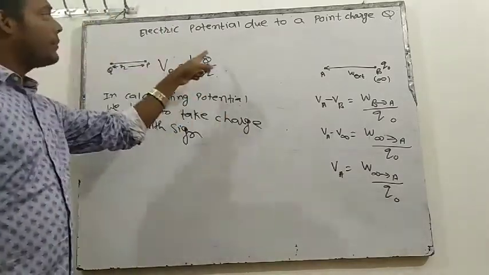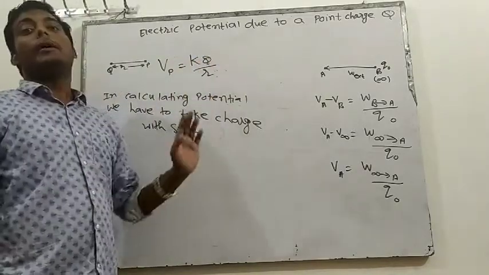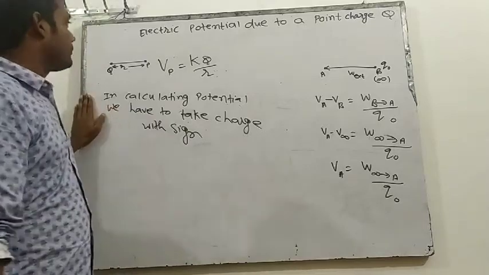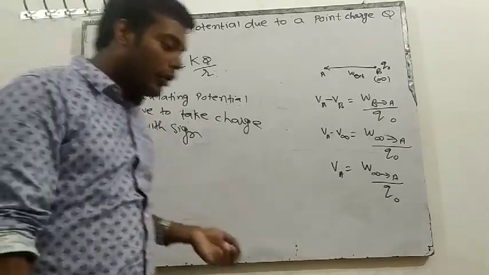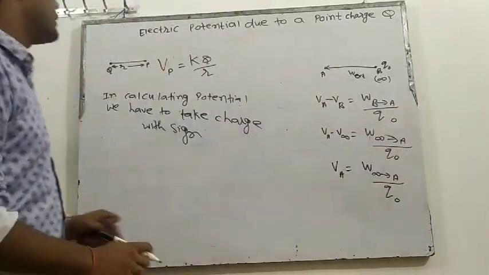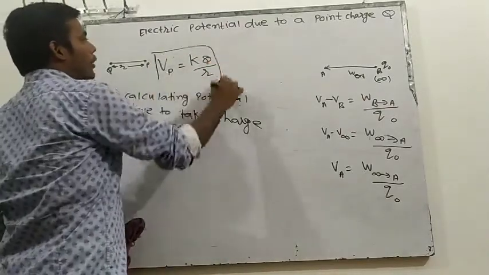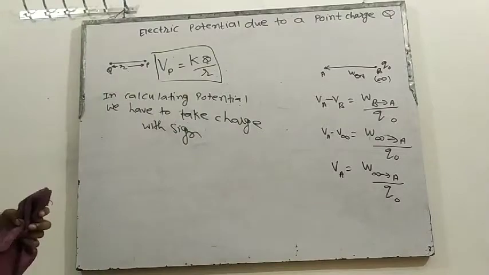If the charge is positive, we have to take plus Q. If charge is negative, we have to take minus Q. Clear? Now we have to derive how we will find that Vp is equal to KQ by R. We have to derive this formula.